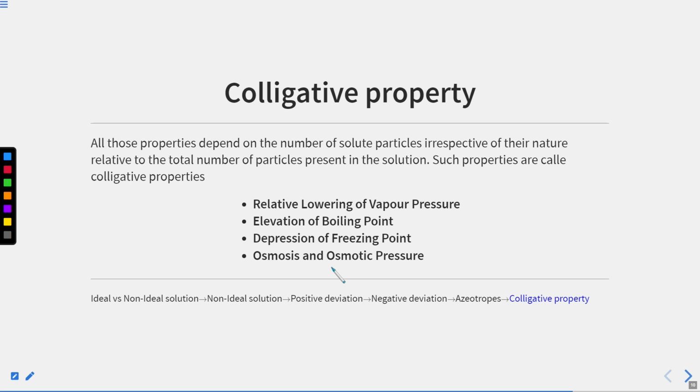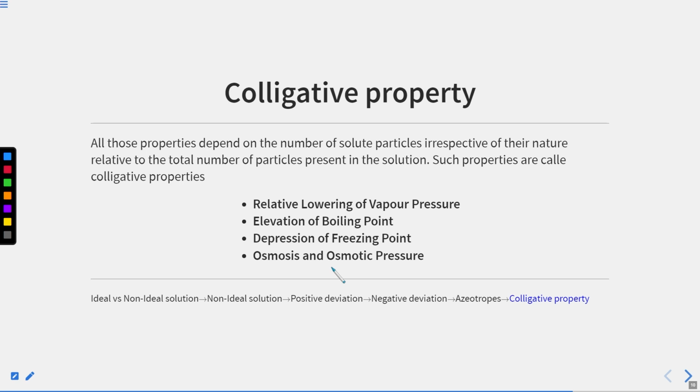If I say it in one line, the properties which depend upon the number of solute particles, irrespective of their nature, are called colligative properties. By this I mean that if we are introducing a solute in a solvent and it is affecting some property, and this property change is only dependent on the number of solute particles that we add and not on the nature of the solute particles.